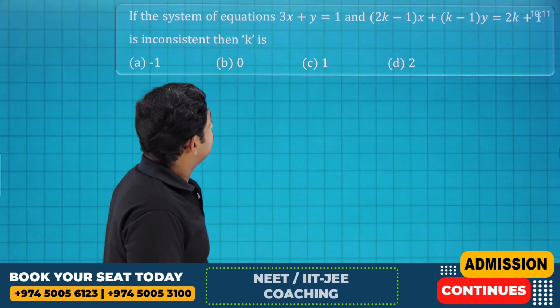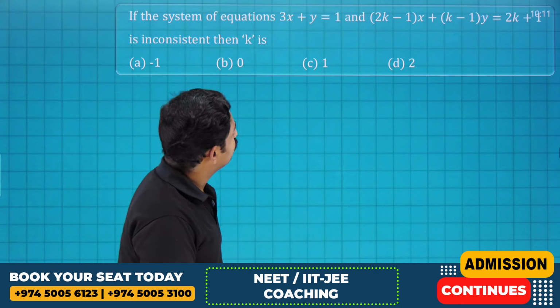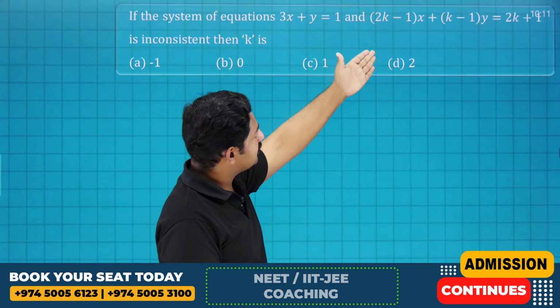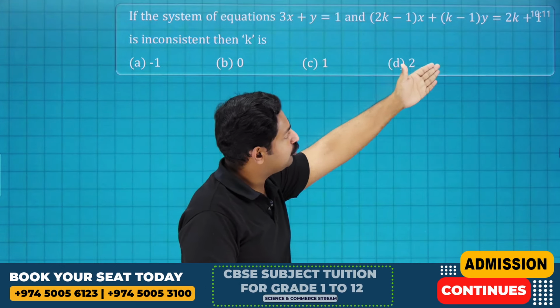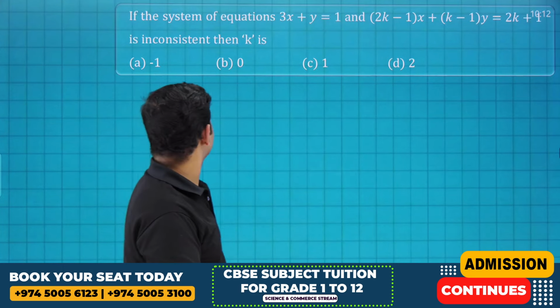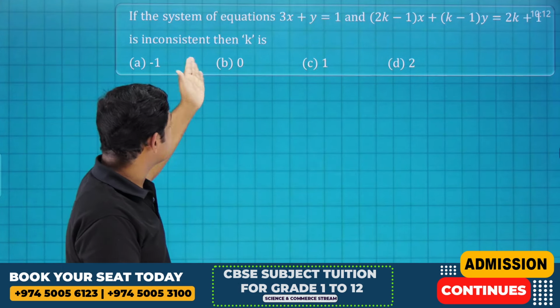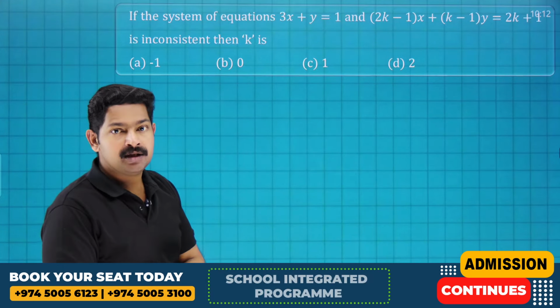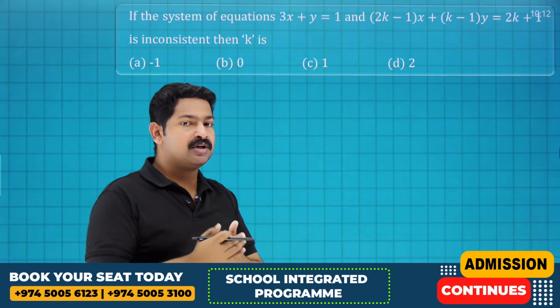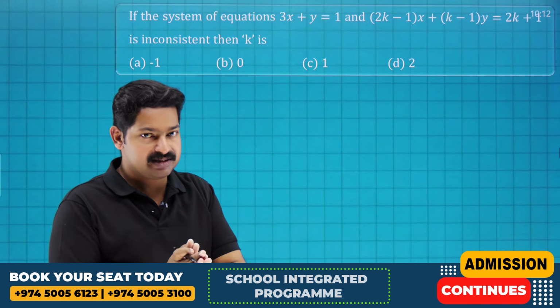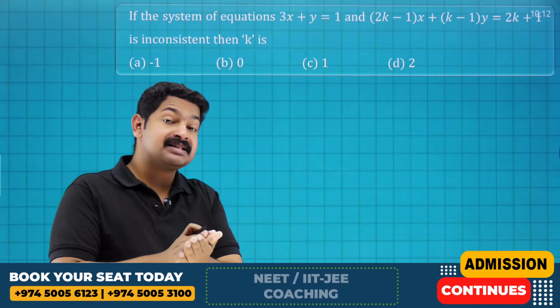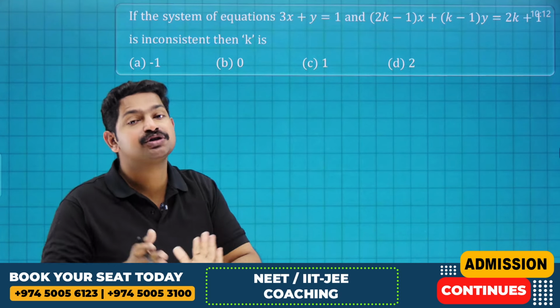If the system of equations 3x plus y equal to 1 and 2k minus 1 into x plus k minus 1 into y equal to 2k plus 1 is inconsistent, then k is. So inconsistent means, what is the case? The second case, inconsistent: the lines are parallel, there is no solution.